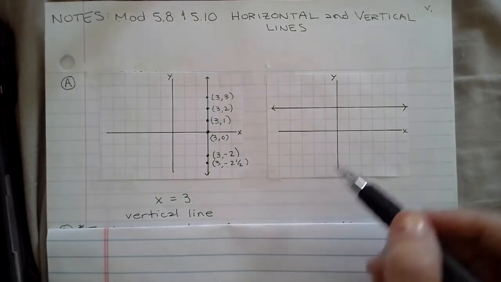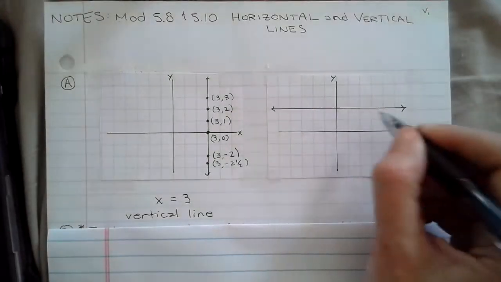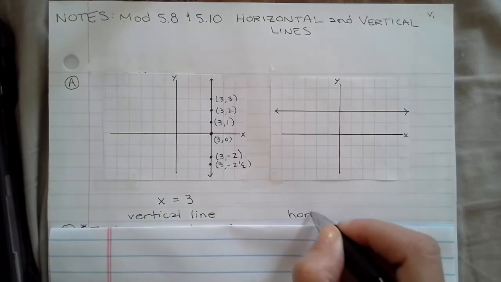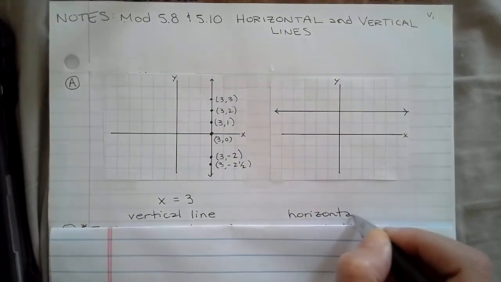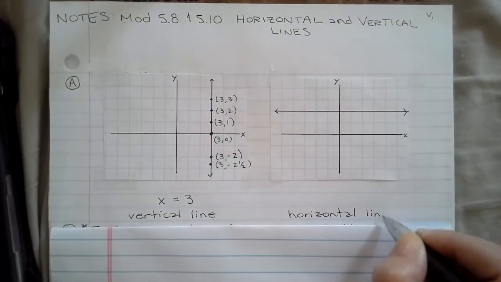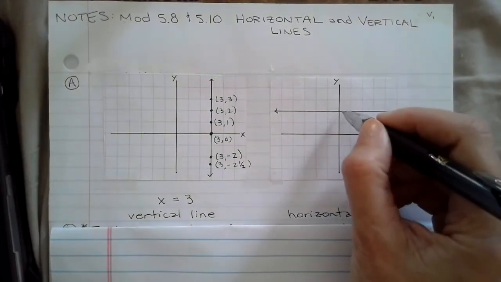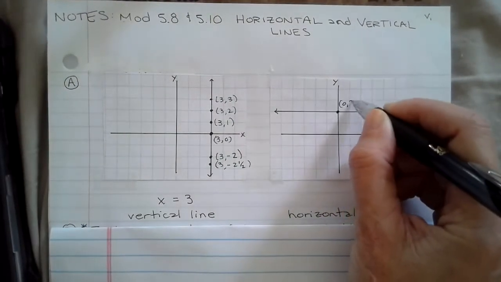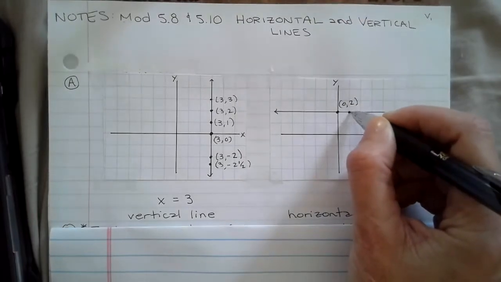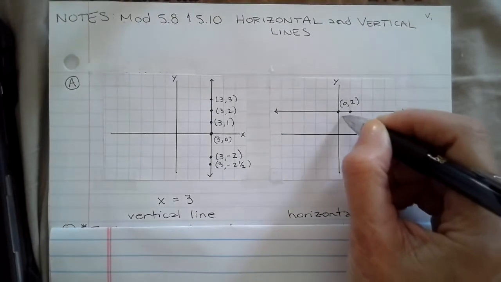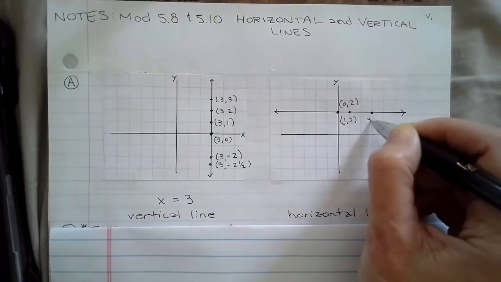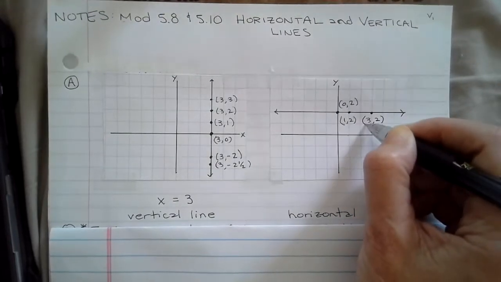Over here, I'm going to look at this horizontal line, and I'll write that down here. This is truly a horizontal line. And if I plot points here, this is the point I went over 0 and up 2. This one I went over 1 and up 2. This one I went over 1, 2, 3, and, you guessed it, up 2.